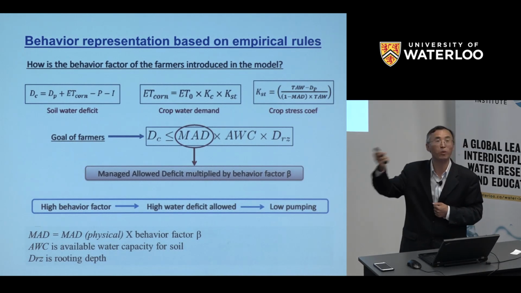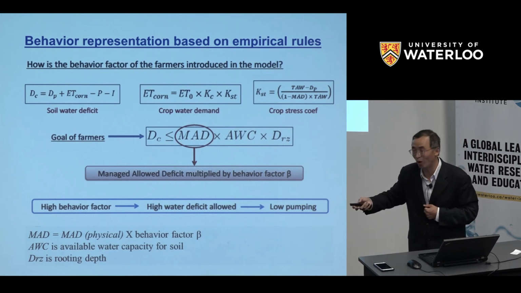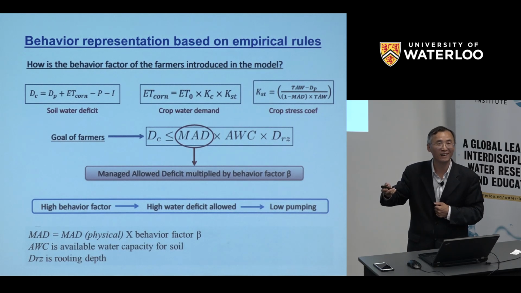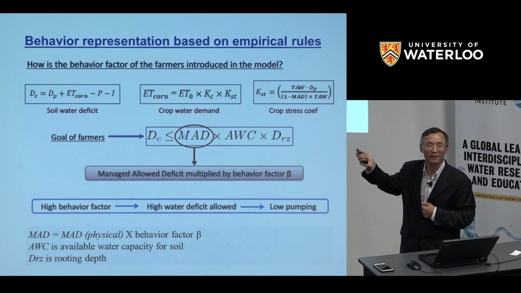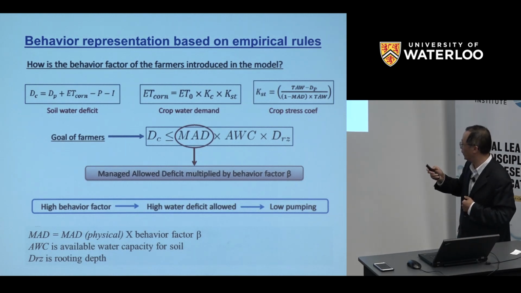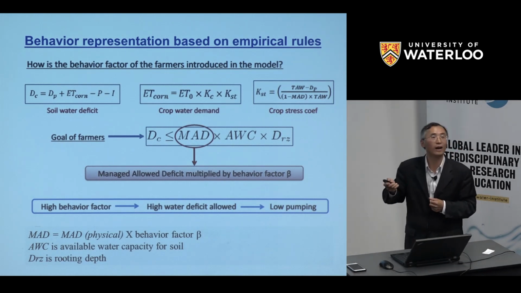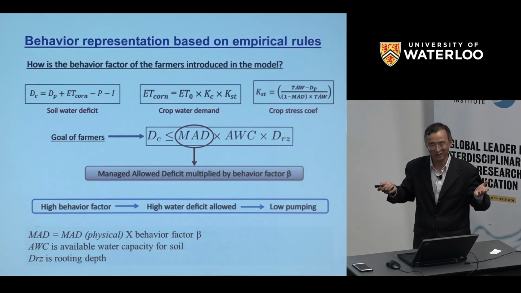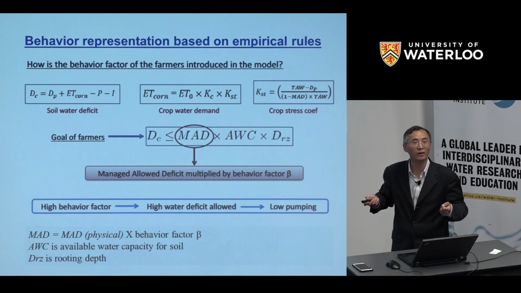Some farmers are more sensitive to the drought, to the deficit, or they care about their crops more. Some farmers are less sensitive. That means their behavior affects the actual value of MAD. So here we treat that as beta. Then you might ask, how do you determine the behavior factor? When we did this project, we used a statistical model.